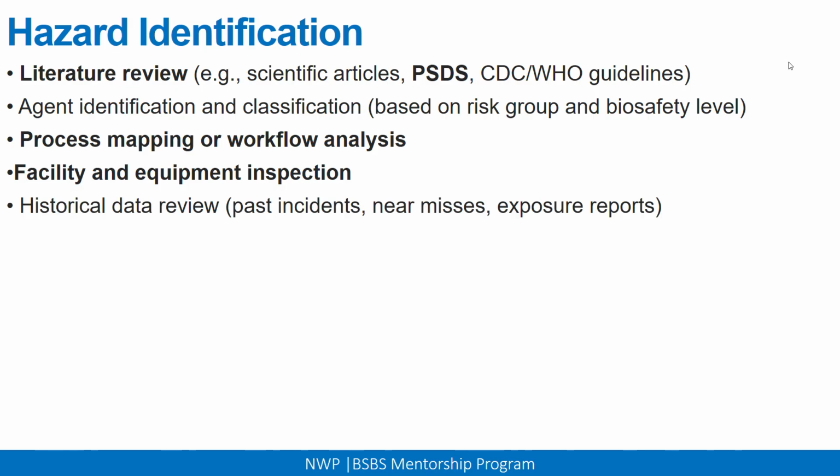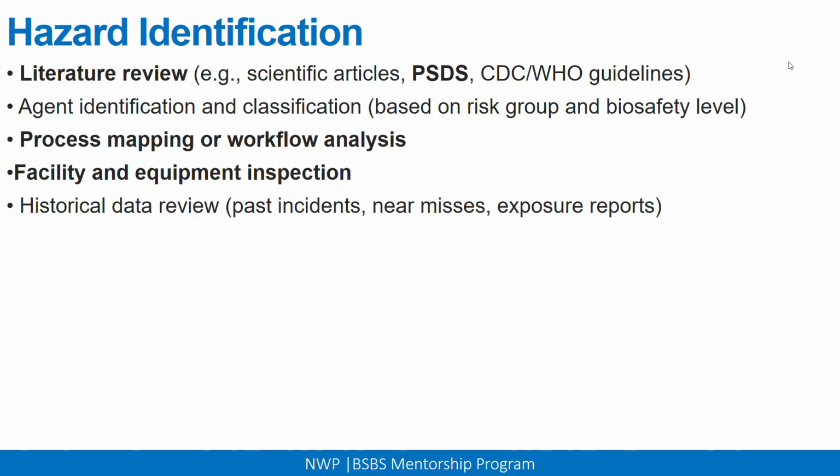Another method you may use to get your hazard identification is historical data review. Under historical data review, most of what we're looking at are previous experiences, past incidences or accidents, or any near misses that almost were incidences or accidents.